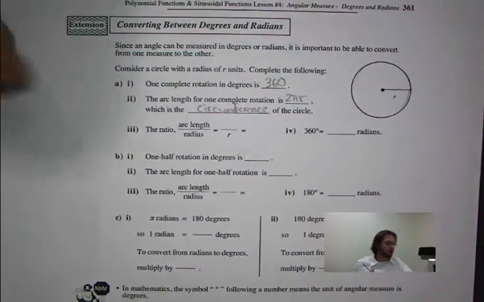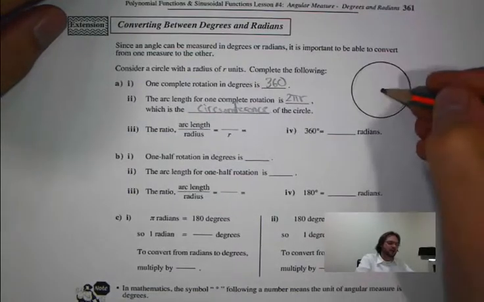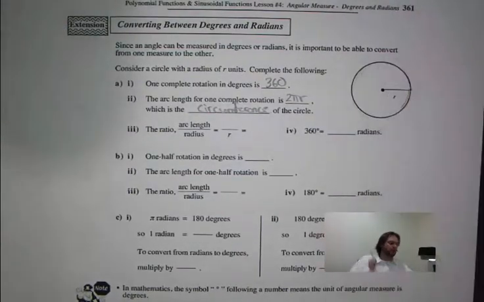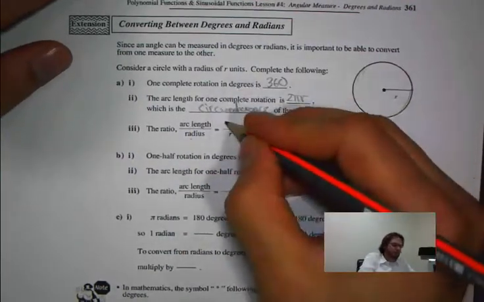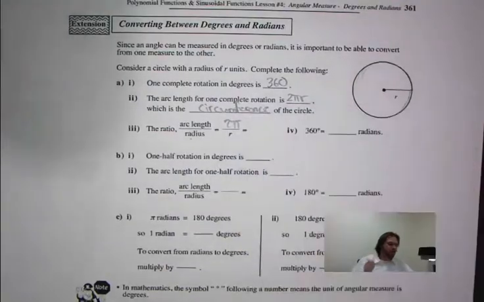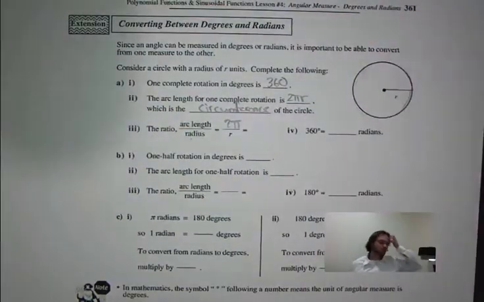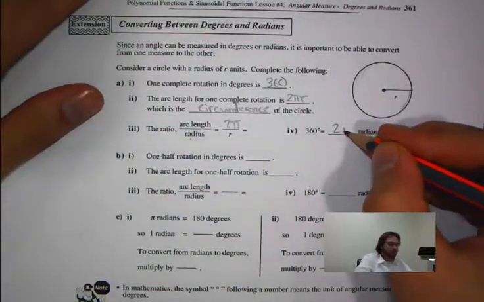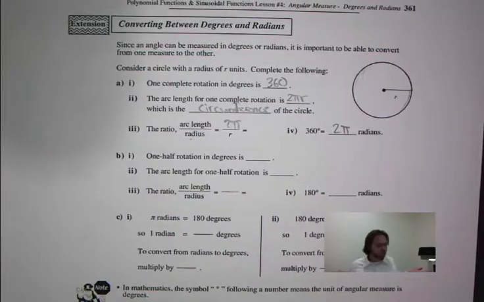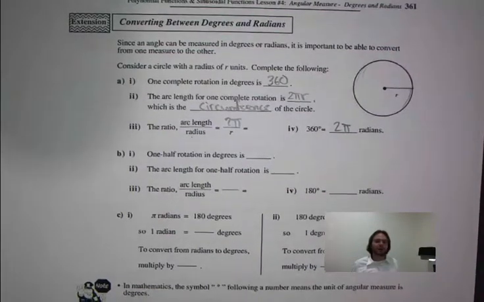So the arc length for one complete rotation is 2 pi multiplied by the radius, to go all the way around. So the ratio of arc length to radius is just 2 pi. Arc length divided by radius is 2 pi, and that is our radians. So 360 degrees is equal to how many radians? 2 pi radians.